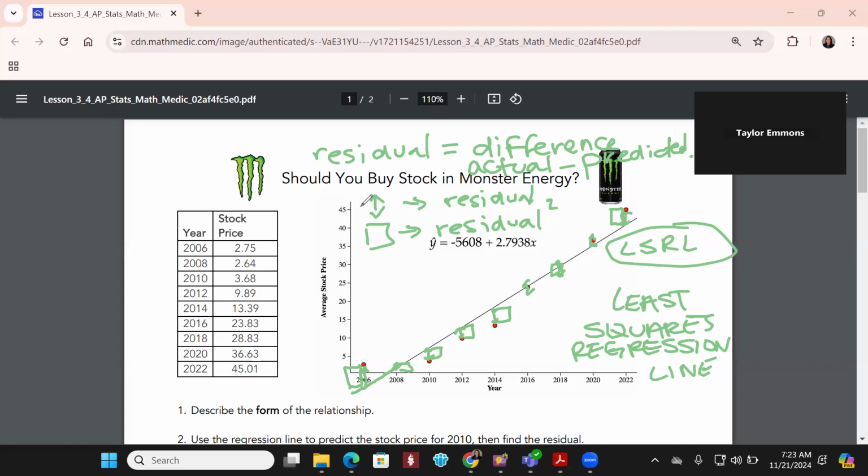We don't really have the equation for it, so we're going to call it non-linear. The dots are non-linear. It's like a swoosh if you connected all the dots. However, the least square regression line is what tries to linearize it.